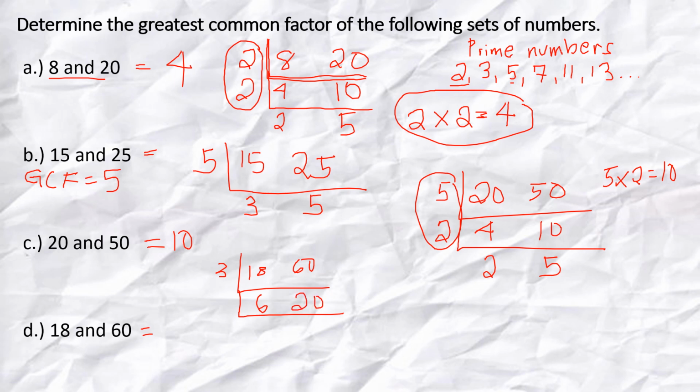Next, we can still simplify this 6 and 20 by using the prime number 2. 6 divided by 2 is 3. 20 divided by 2 is 10. Since we do not have any possible common factor for 3 and 10, we can say that 3 times 2 is 6. So the GCF of 18 and 60 is 6. So that is how we get the GCF using the continuous division method.